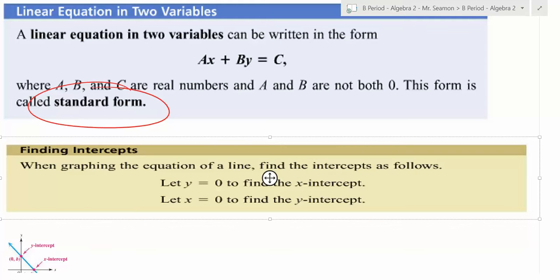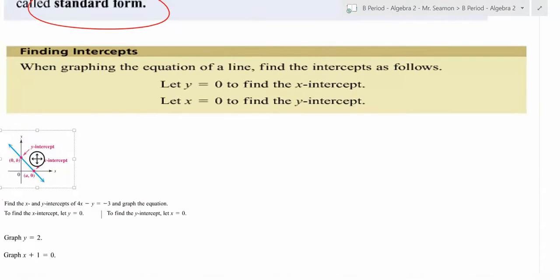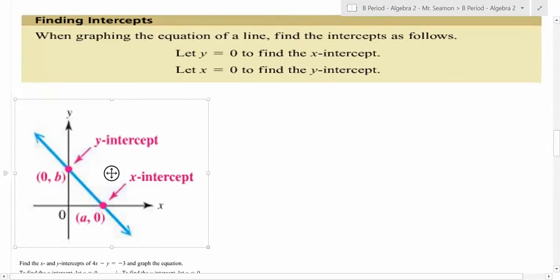So one way to draw a line is to plot 2 points. What are those 2 points that are sometimes easiest to find? The 2 intercepts. So a really common way to graph a function is to find the 2 intercepts like this. And what do you do with those 2 intercepts? Connect them. In this case, the y-intercept is (0, b), and the x-intercept is (a, 0). You connect them.